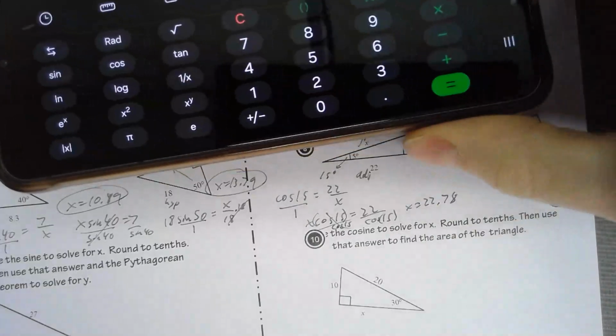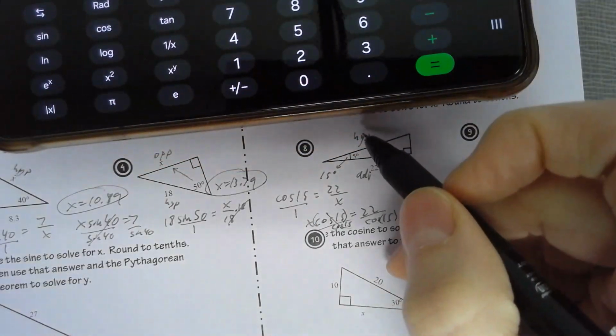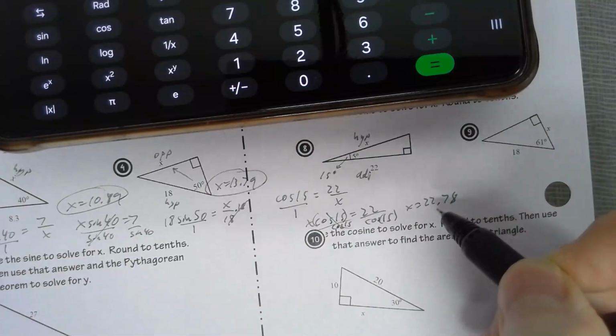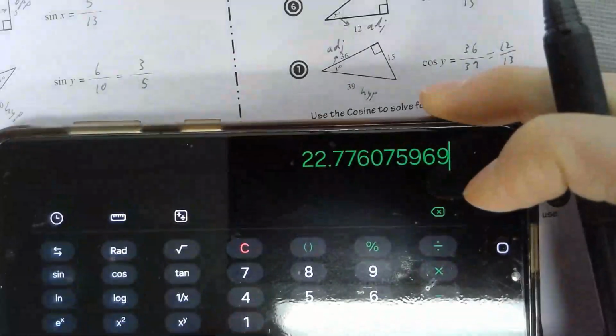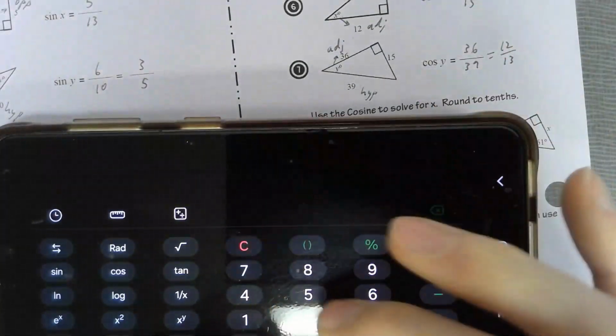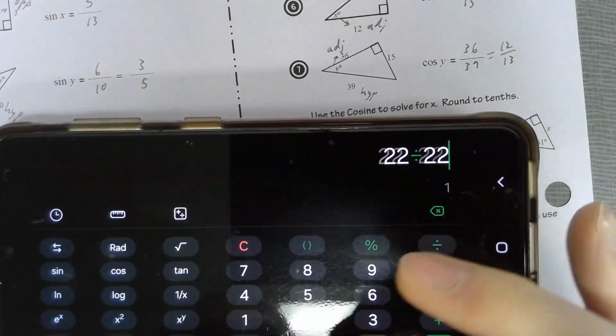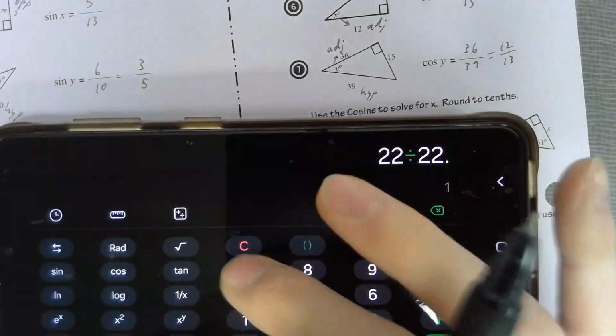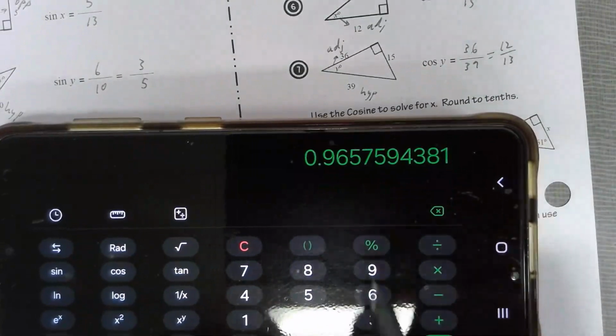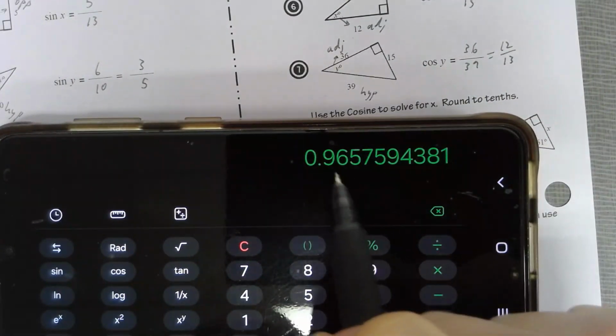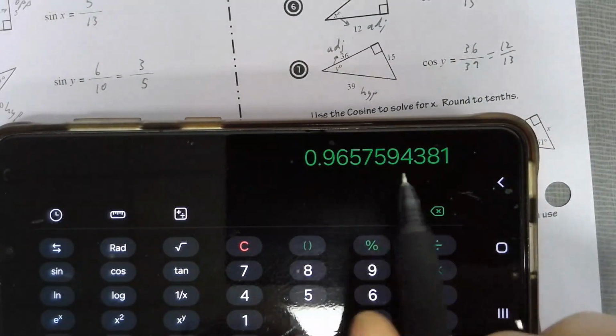Now, to check my answer, remember adjacent over hypotenuse. So if I take 22 divided by 22.78, I get 0.96, more or less, like 0.97.